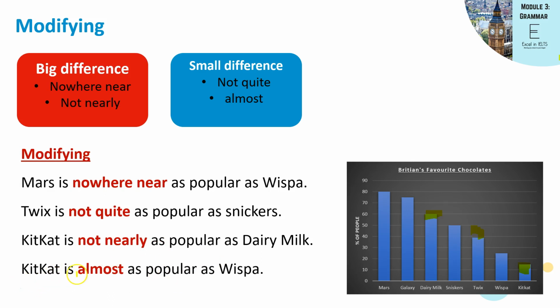And lastly, Kit Kat is almost as popular as Whisper. So here's Kit Kat, here's Whisper. So there's again a very small difference between these two. So as you can see, by modifying this structure, then you are being precise in the difference between the two.